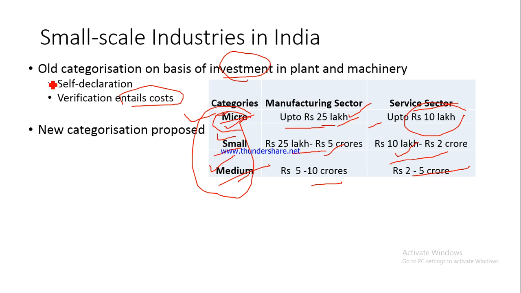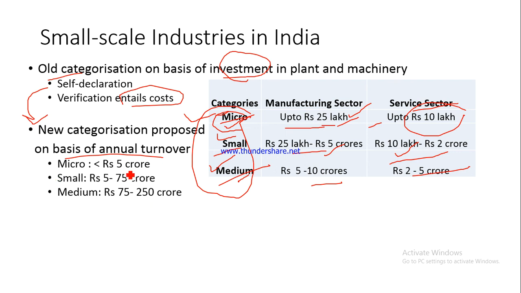Then, as I said, the old categorization has been done away with and a new categorization has now been proposed. This has happened only recently, probably last year. And this categorization is on the basis of annual turnover and not on the basis of how much investment has been done in purchasing the land or the machinery. It is based on the annual turnover.